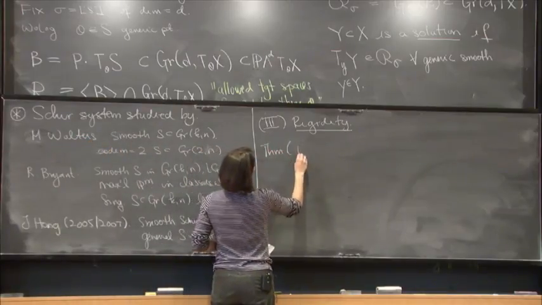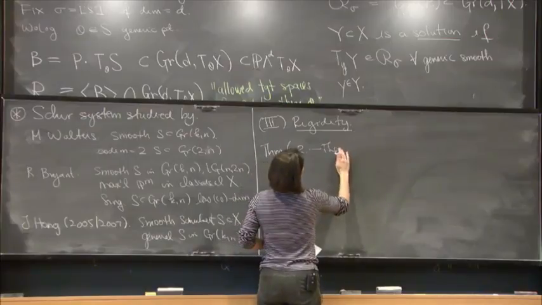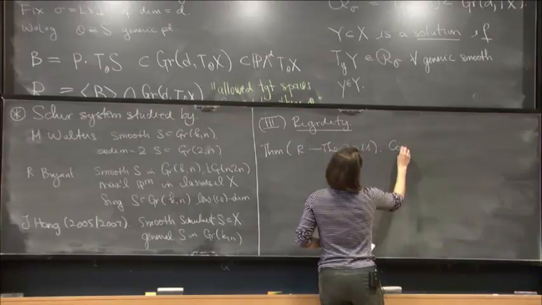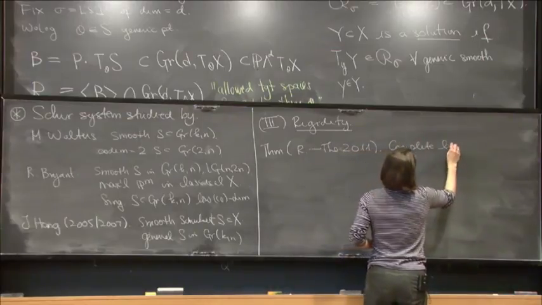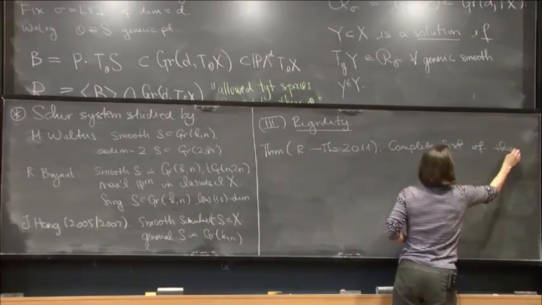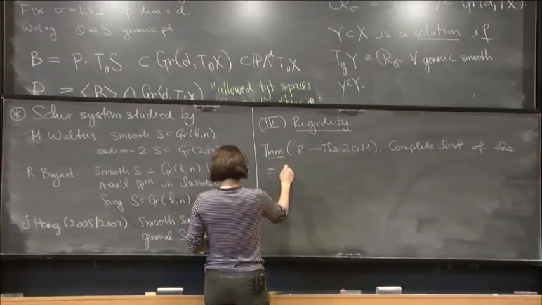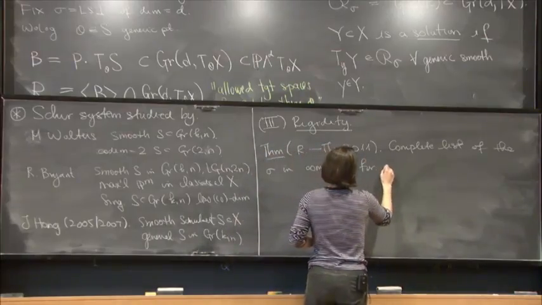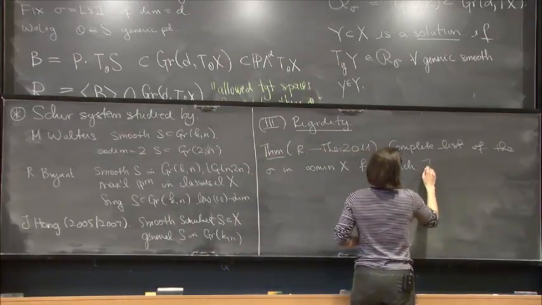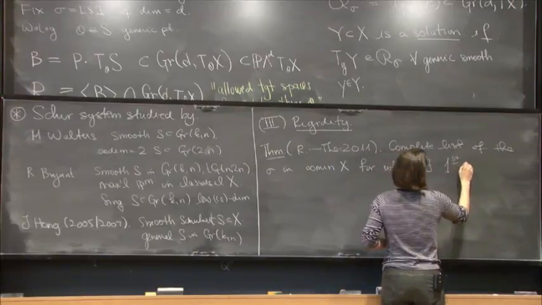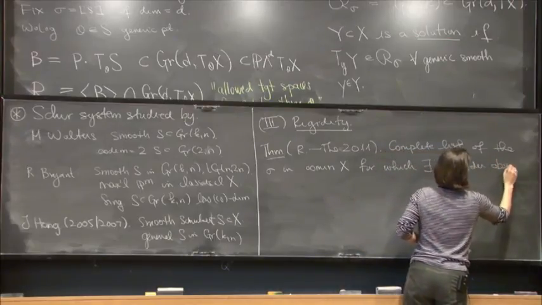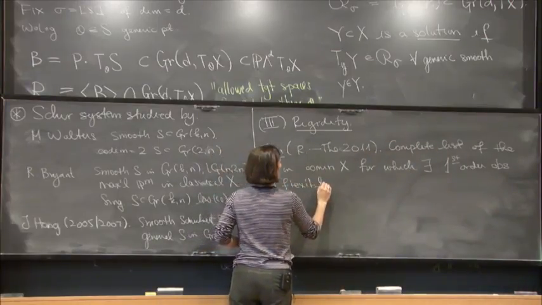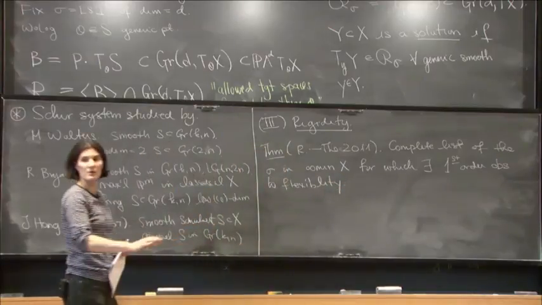And the theorem, which is joint with Dennis Tay, 2011, is a complete list of the sigma in the cominuscule X for which there exist first order obstructions to flexibility. So everything on the list is rigid.